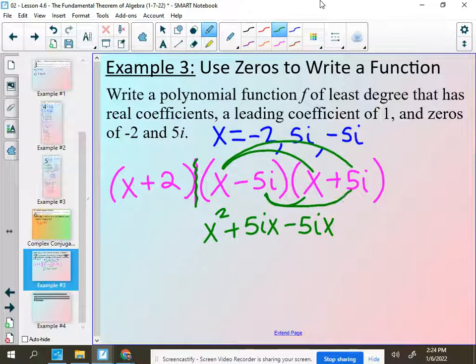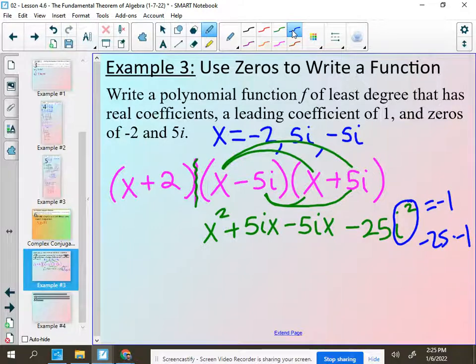And the last one is the one that can sometimes be tricky. This is negative 5i times 5i, so that's negative 25, and then i times i is i squared, which hopefully we remember actually has a value of -1. I'll even write that on here: i squared has a value of -1. So this is really like negative 25 times -1.